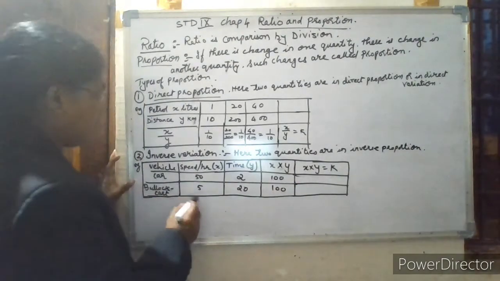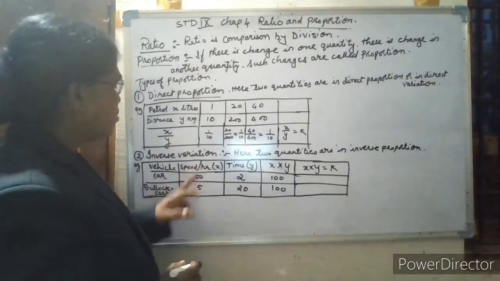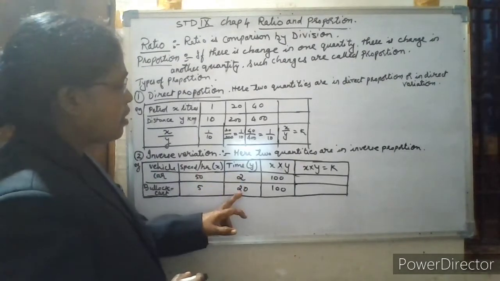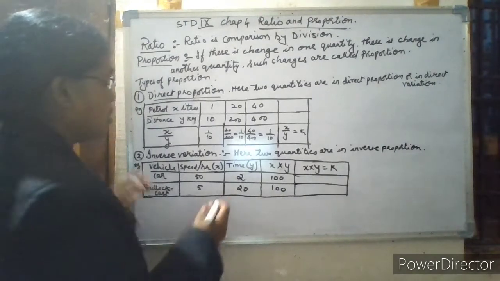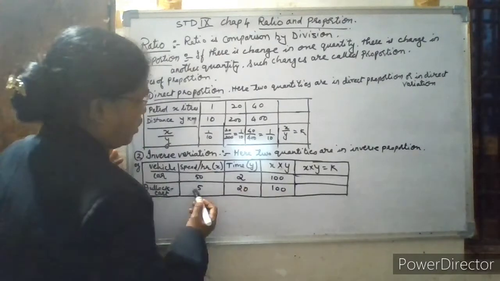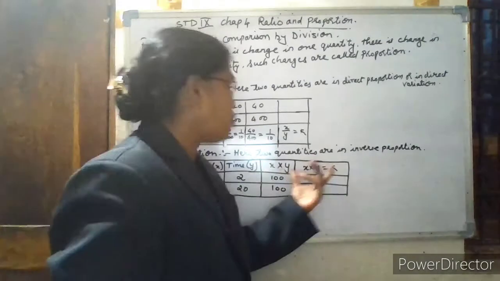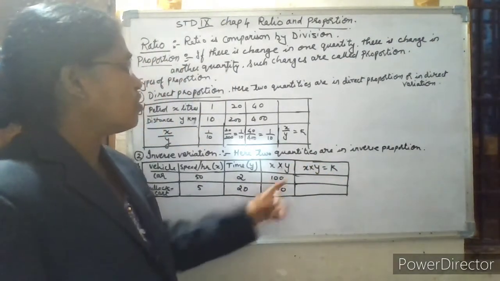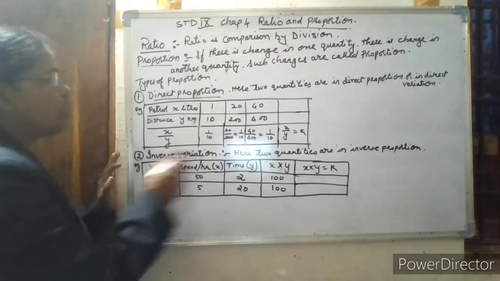In the same manner, take another vehicle, the bullock cart. Its speed is only 5 kilometers per hour, and the time taken is 20 hours. So 5 into 20 is equal to 100. Here the product of the two variables is constant, 50 into 2 equal to 100, 5 into 20 also equal to 100. So when the product of two variables is constant, then it is an example of inverse variation.